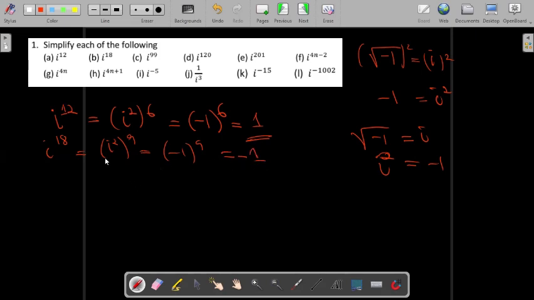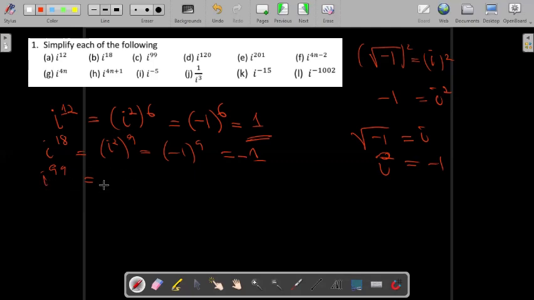Then going forth, the next one you have is i to the 99. How do you work out this one? When you split this into 2, you have a rational number in the power, and of course you don't want to work with that.